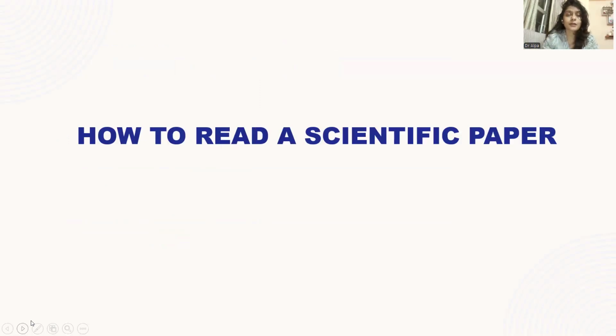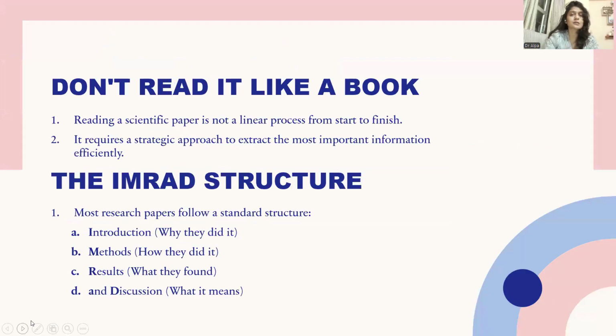Now coming to the second part of the module, how to read a scientific paper. See, we have already discussed in earlier modules that there is a fixed structure which a scientific research paper follows. We follow an IMRAD structure: introduction, methodology, results and discussion.